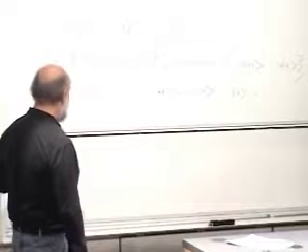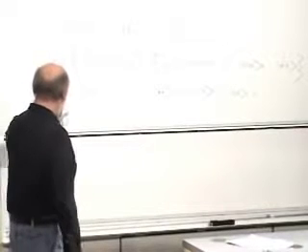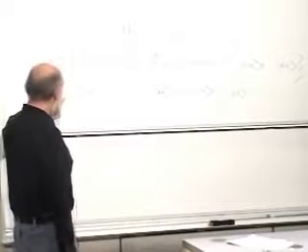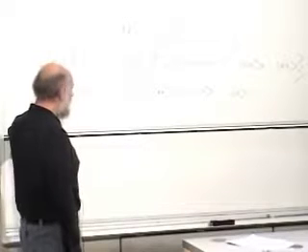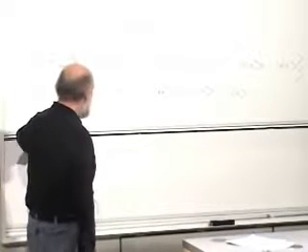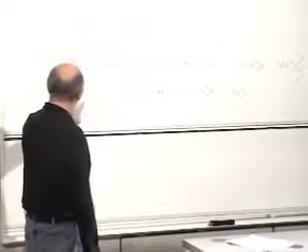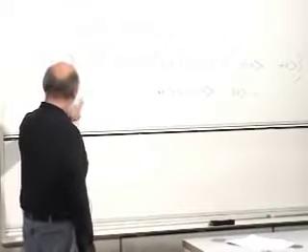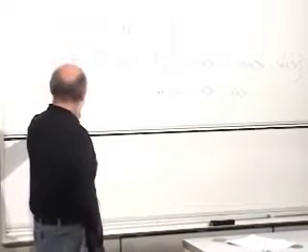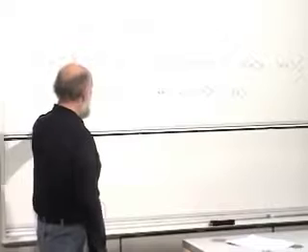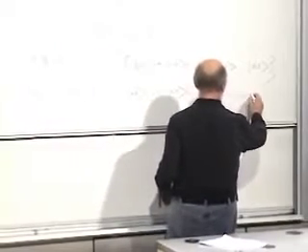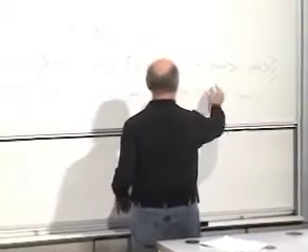We already have 2 with down, downs. Which one am I trying to do? Tau 2 should be up, up. That's this one. And that should be I times up, up, plus I times up, up. So again, it gives 0.